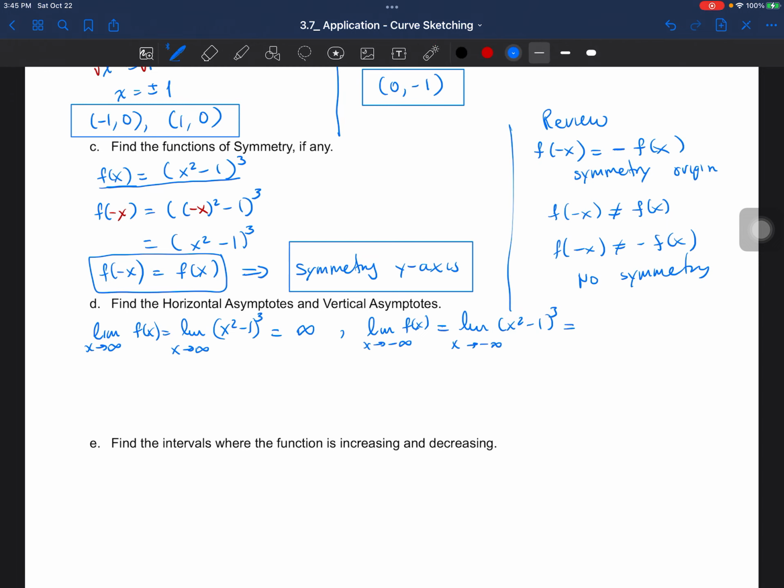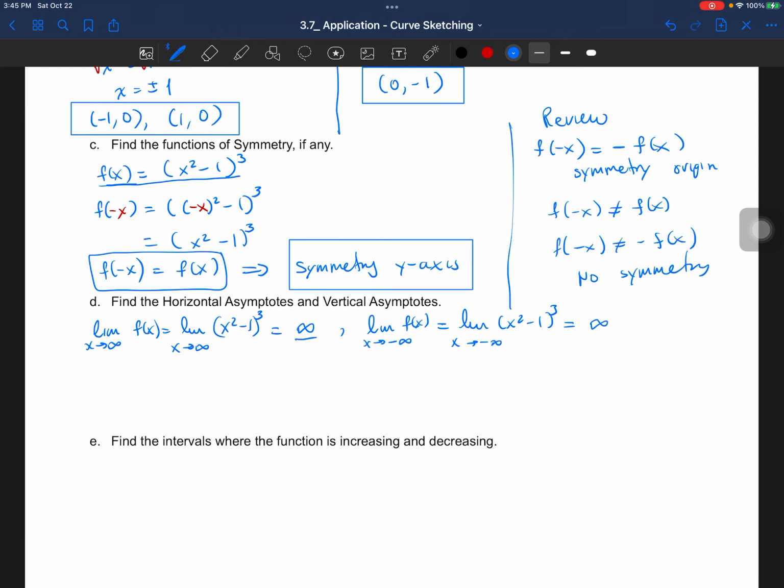Positive infinity minus 1 does not make a difference, still positive infinity. And then you raise this positive infinity to the third power, it still gives you positive infinity. So because they're both the same, this implies, well, it doesn't have to be the same, but this means that there's no horizontal asymptote.